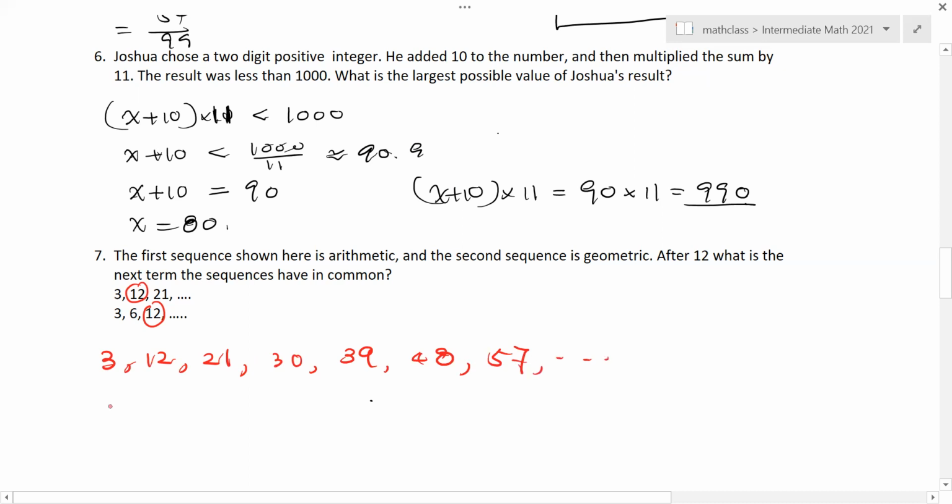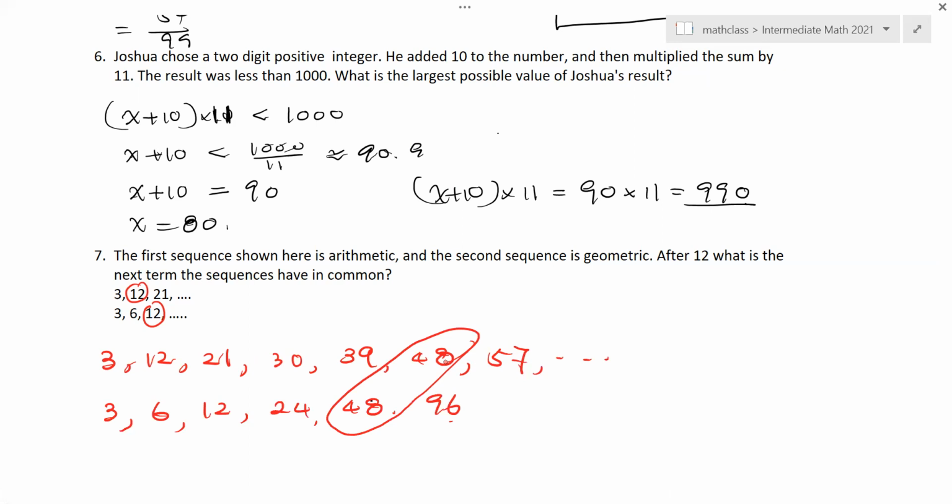The second one is multiplied by 2 each time: 3, 6, 12, 24, 48, and then 96. Then you will see that 48 is the next number in both sequences.